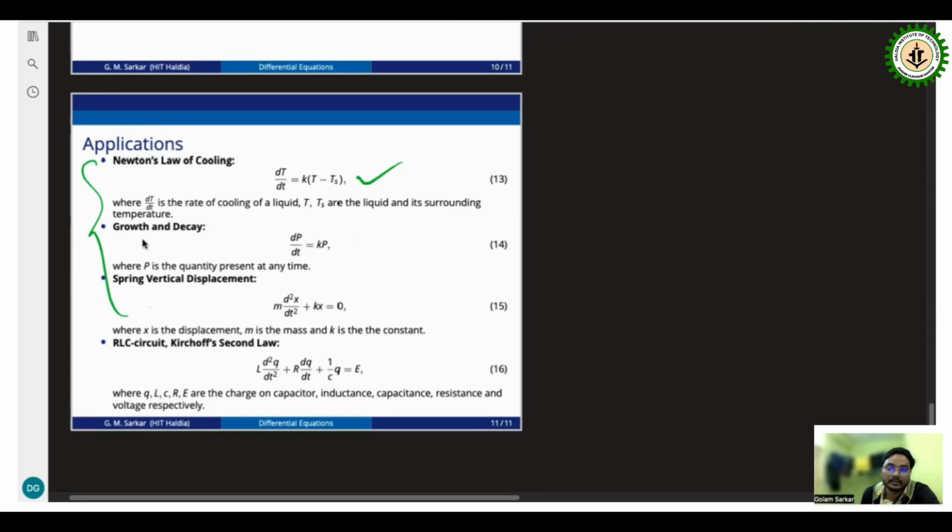Another one is growth and decay rate, which can also be expressed in the form of a differential equation. Spring mass system: this is a second order differential equation. RLC circuit: this is also a second order differential equation. So it has a lot of applications in every engineering branch.